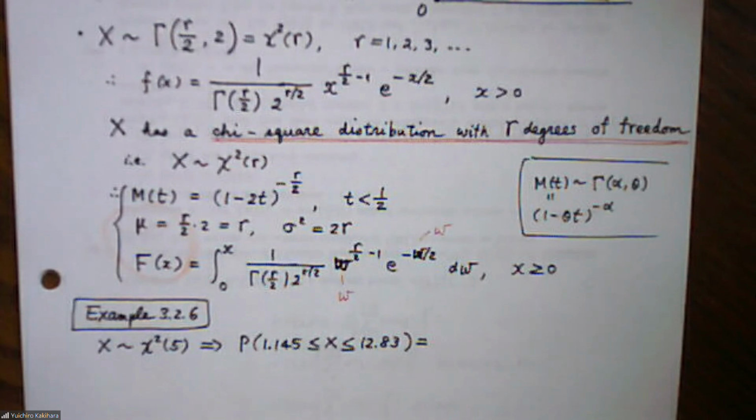Yeah, we need a table. There's a table for the chi-square distribution.